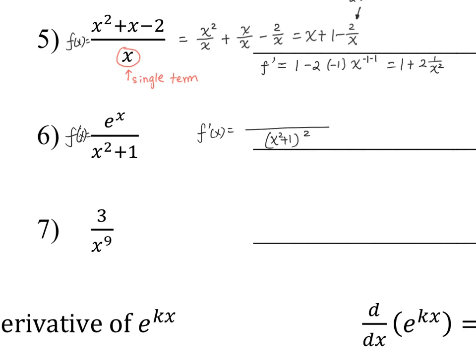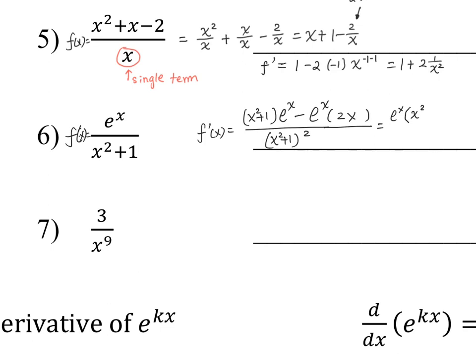And then in the numerator, it will be low d high, right? Low times the d high, which is itself, minus high d low times the derivative of the low, which is 2x. And this time you see that e to the x is easier to simplify, so I'm going to just pull the e to the x out.